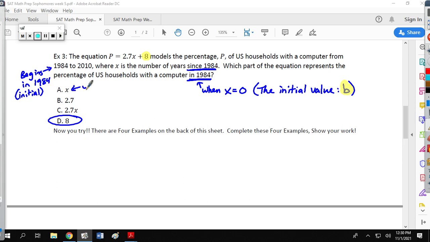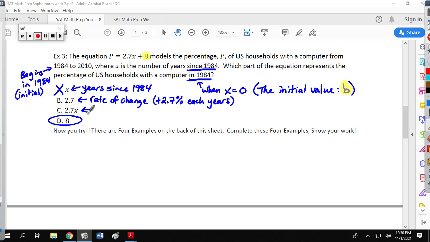x represents years since 1984, which is not what they asked for. 2.7 is the rate of change. In other words, 2.7% more households would have a computer each year after 1984.